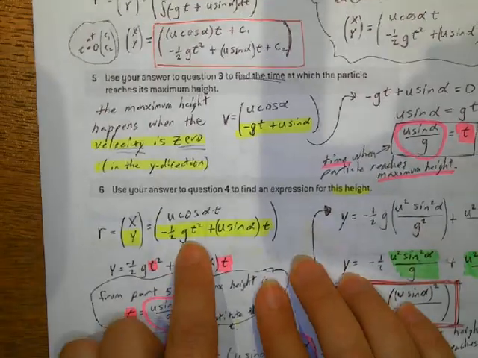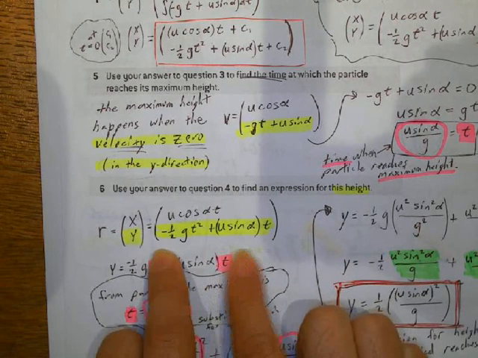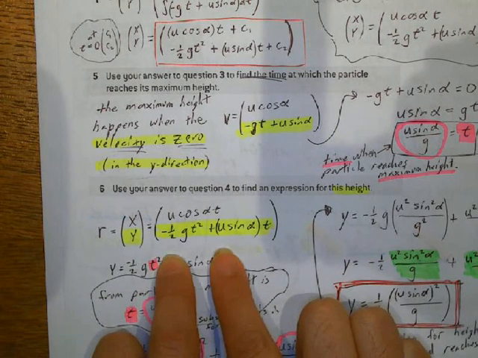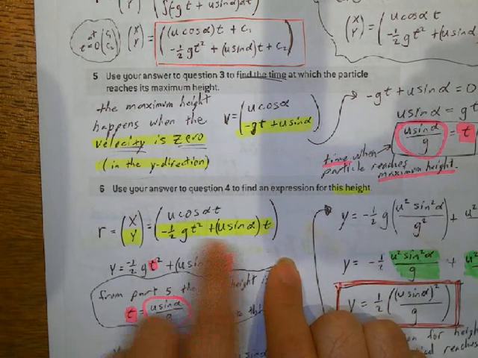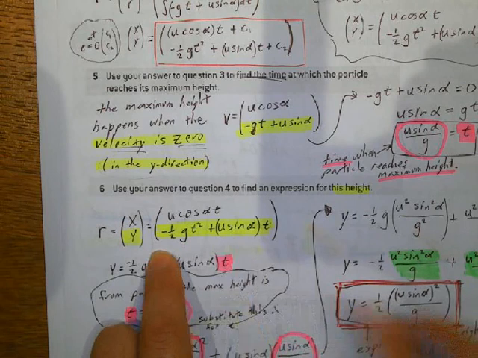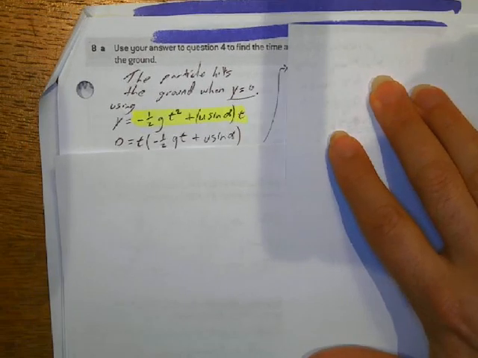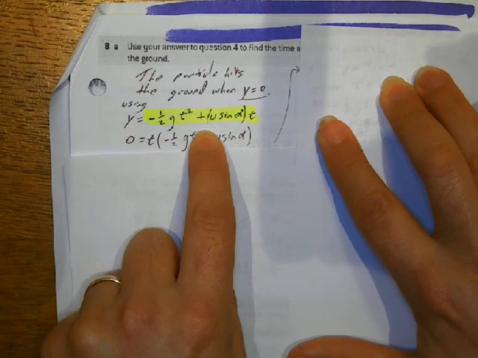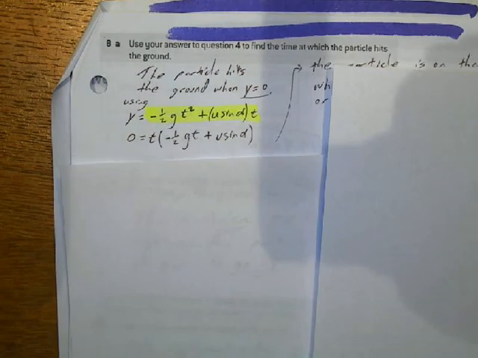Okay, here is the vector for position over time, and the y value tells us our height. I've highlighted it here in yellow. So we're going to make this y value, the height, equal to 0 because we want to find out when it hits the ground.